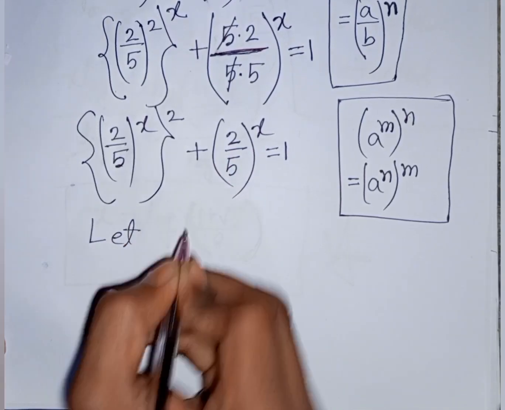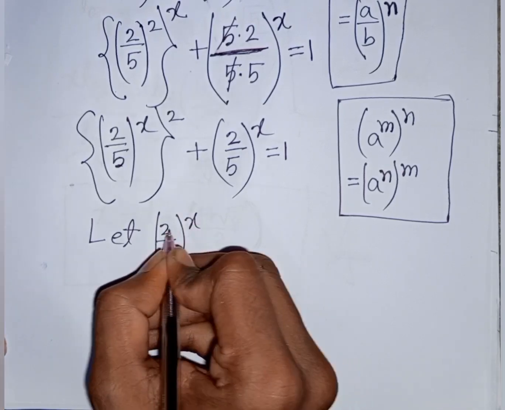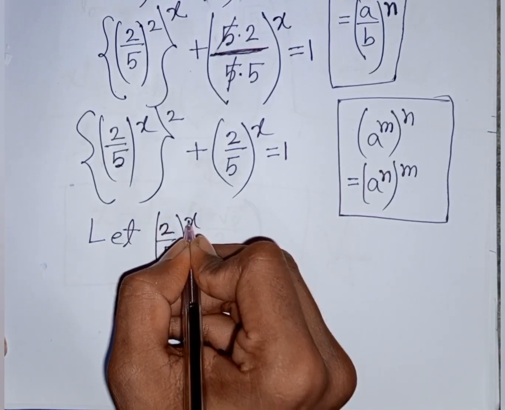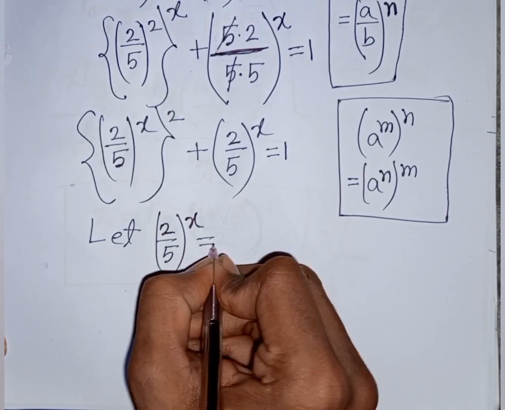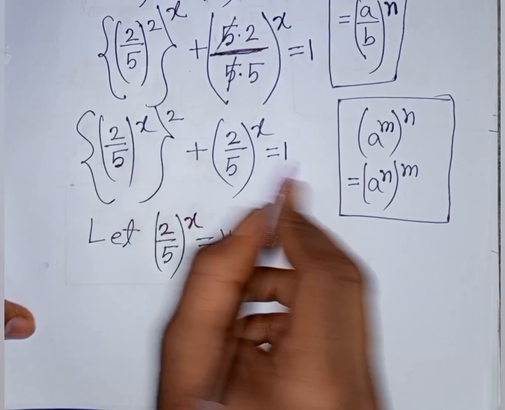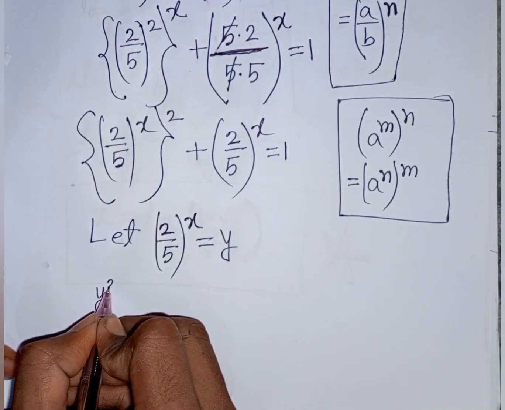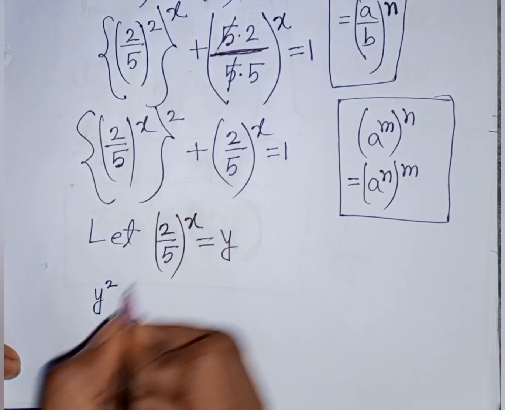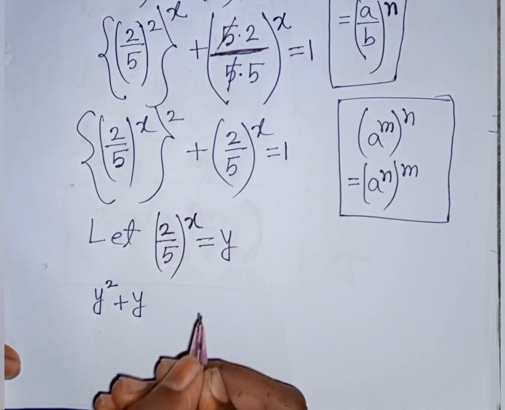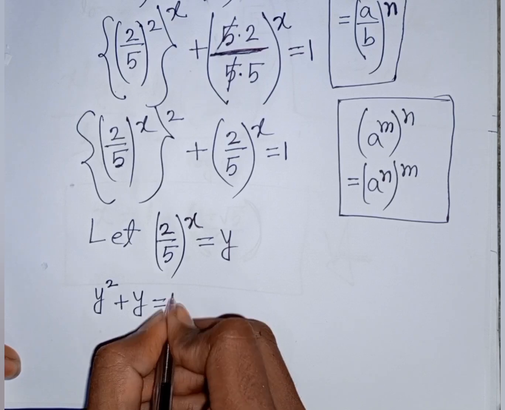So let 2 by 5 bracket power x be substituted by y. So our equation will be y square plus y is equal to 1.